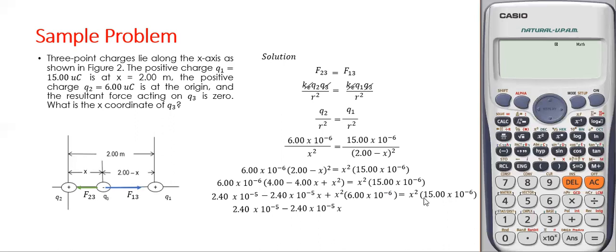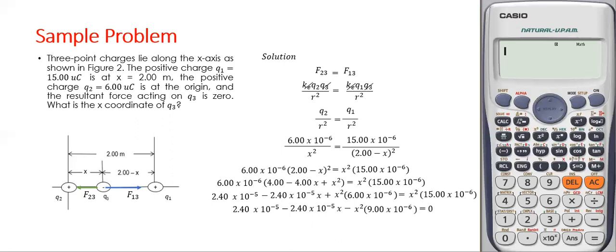So, magiging negative 15 times 10 raised to negative 6 x squared plus 6 times 10 raised to negative 6, that is equal to negative x squared times 9 times 10 raised to negative 6 is equal to 0.